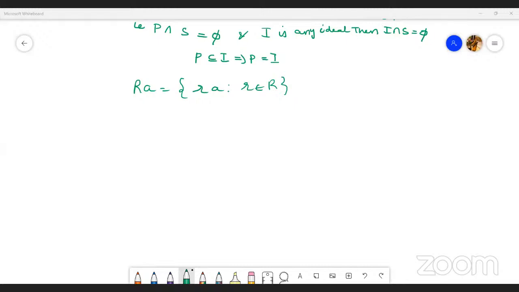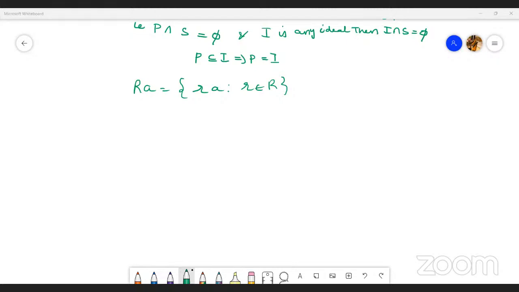So how do you prove it? Let S be the class of all chains of prime ideals between P and Q. Let P be the set of all I such that I is a prime ideal lying between P and Q. Then S is called the class of all chains in P. All of you know what a chain is?